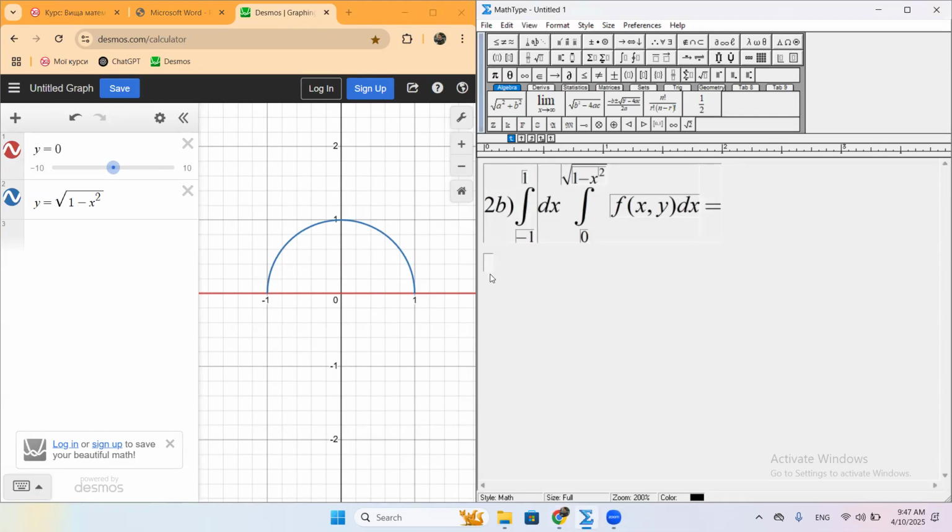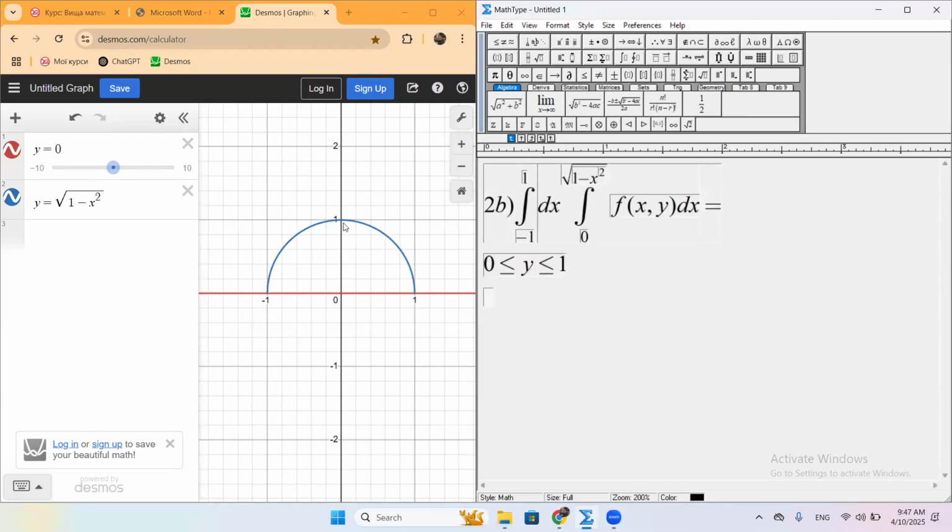Now let's swap the bounds of integration. How can we describe this region? For y, y reaches values from 0 to 1, as we can see from this graph. And what about x?